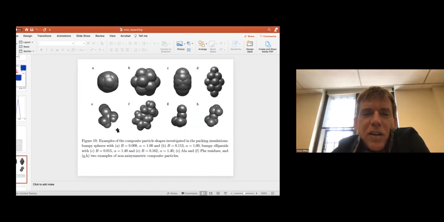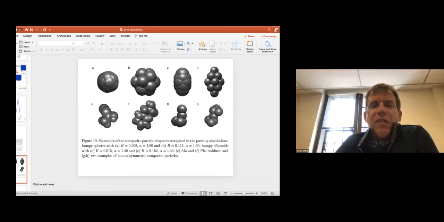Those studies were carried out using shapes that look like this. In panel A, I have a spherical particle where I've added bumpiness. I can decrease the packing fraction of spherical particles by adding different amounts of bumpiness, so for A and B. Then panel C is the bumpiness that I can add to ellipsoidal particles.